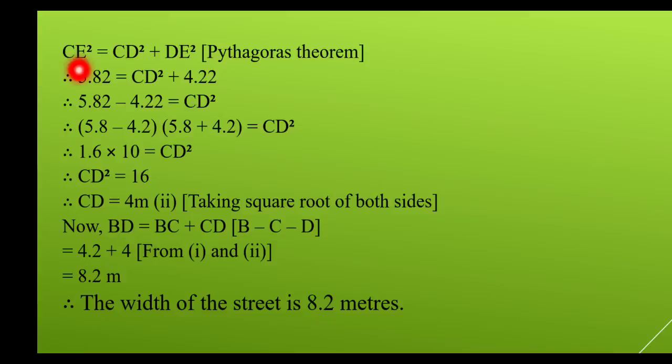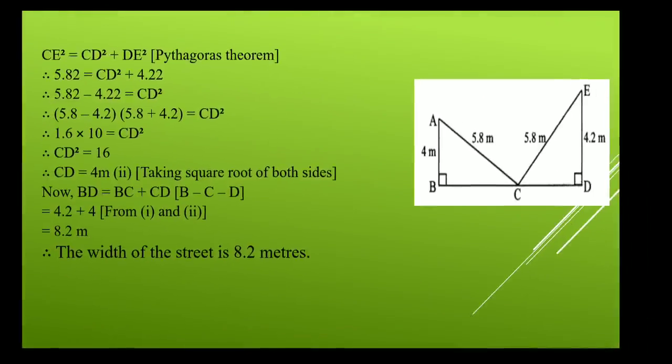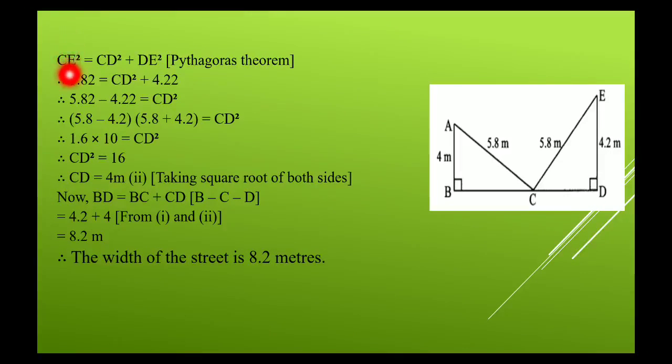By Pythagoras theorem, CE square is equal to CD square plus DE square. 5.8 square is equal to CD square plus 4.2 square. When I bring 4.2 to the left hand side, this becomes 5.8 square minus 4.2 square.